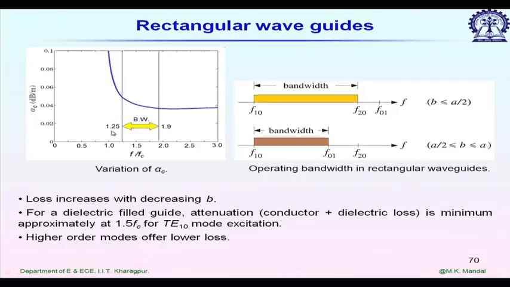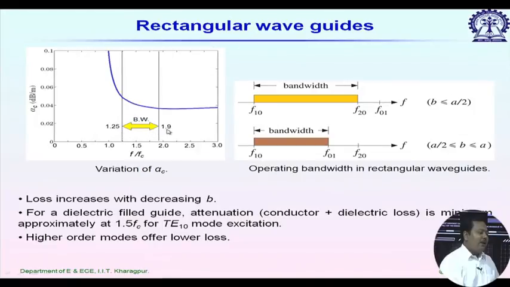It starts from 1.25 times fc to 1.9 times fc. We have a 10% margin here to make sure there is no TE20 mode excitation, either in the A direction or in the B direction. And if we now have dielectric material inside, the plot is again very similar to this.